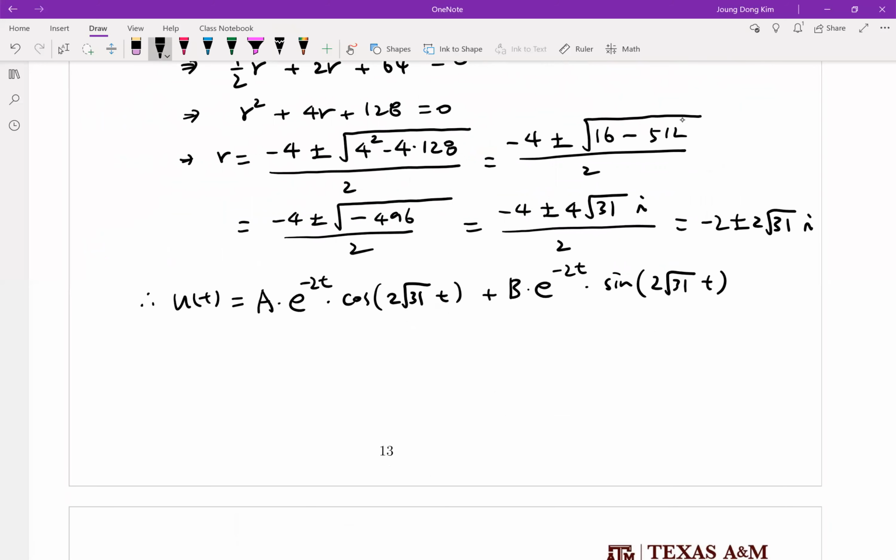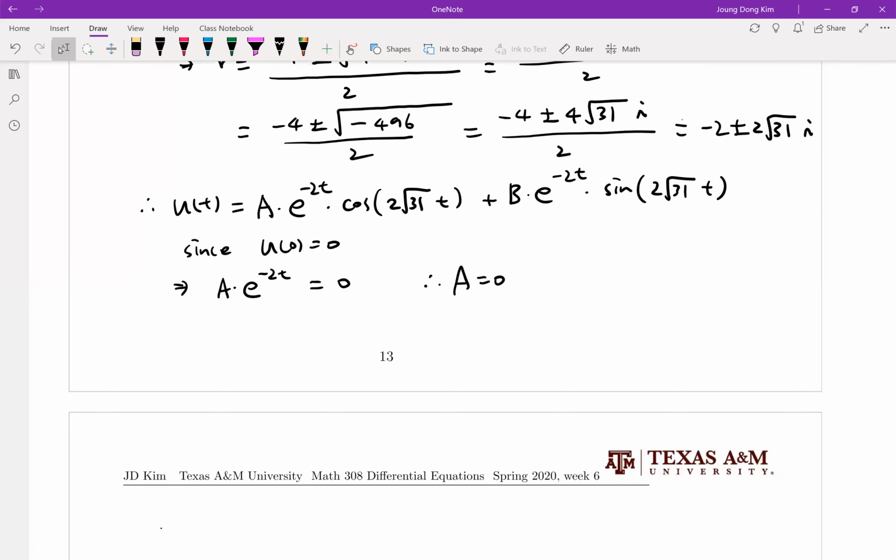So here we go. Since u(0) equals 0, the cosine part gives a times e to the minus 2t must be equal to 0, right? In other words, a equals 0, because an exponential function never equals 0, okay?